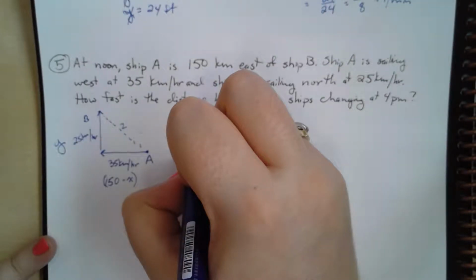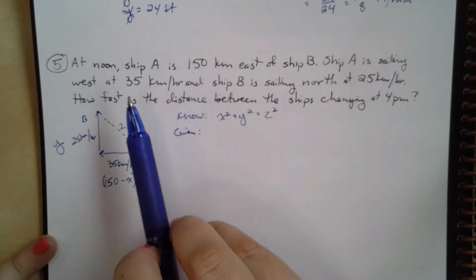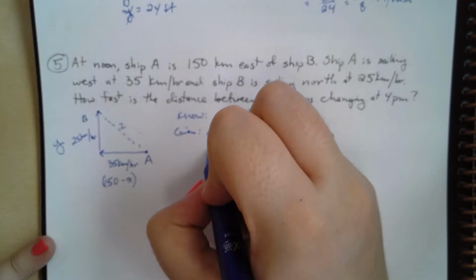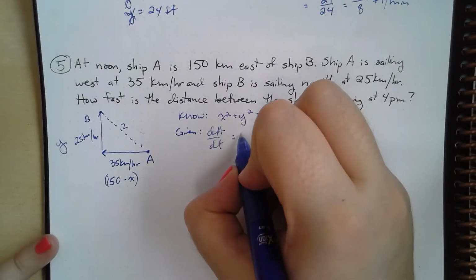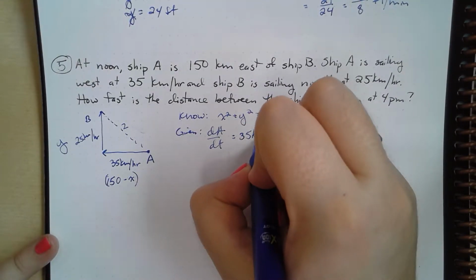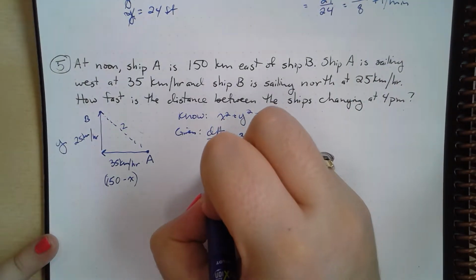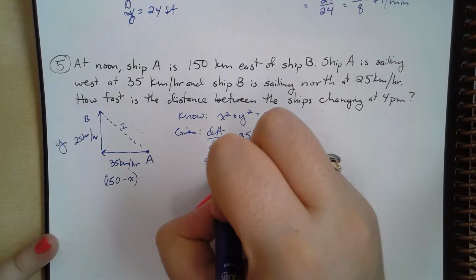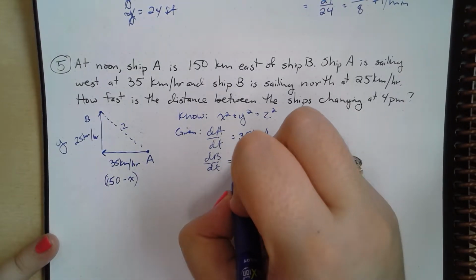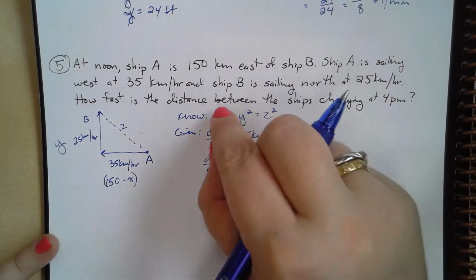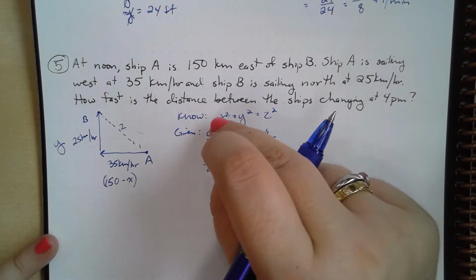right? And we're given that ship A, so dA over dt, is changing at 35 kilometers per hour, and dB over dt is changing at 25 kilometers per hour. Actually, maybe I should make this a little clearer.